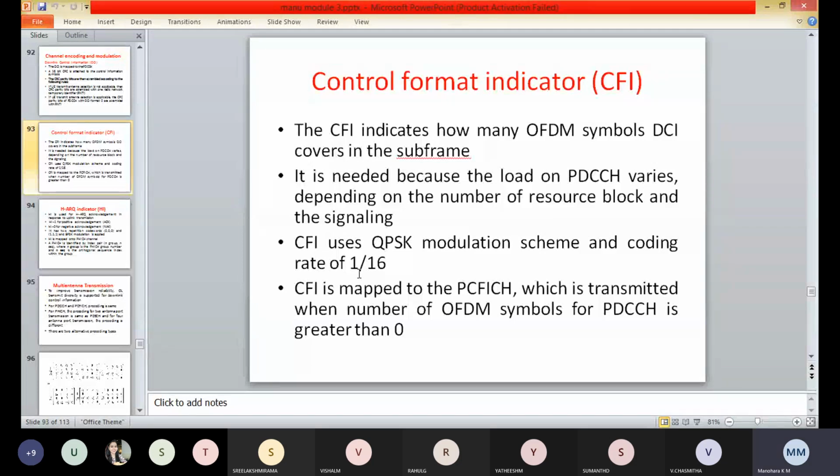The CFI is mapped to the PCFICH, that is the physical control format indicator channel.